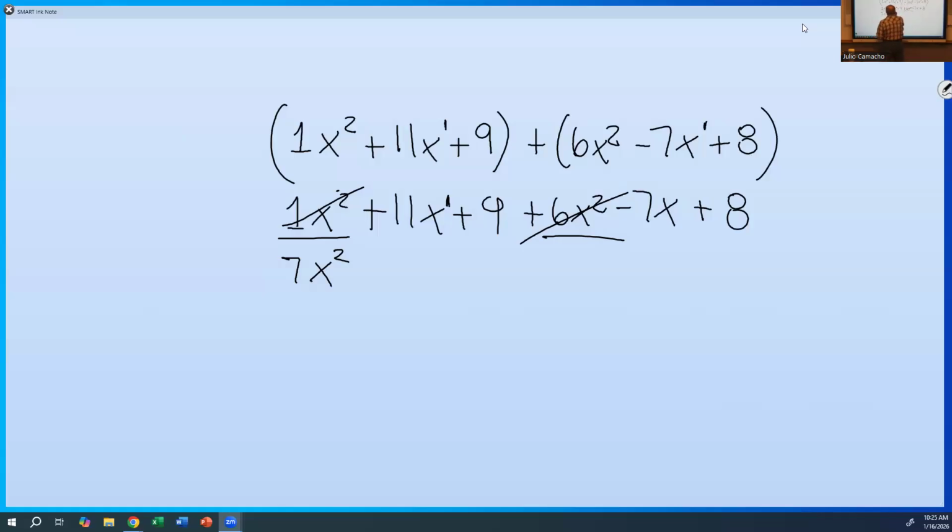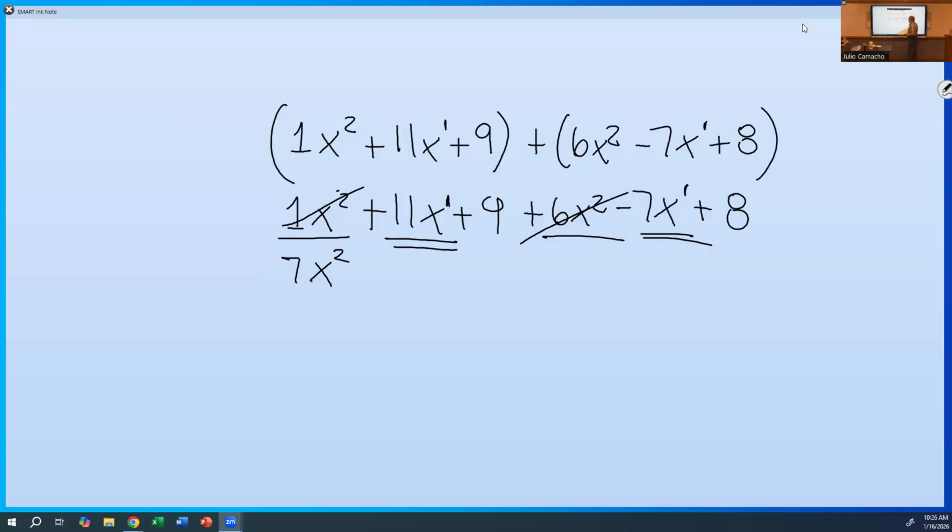Then you have 11x and negative 7x, which are also like terms because both have the same variable and are raised to the same power, the power of 1. Again, that is the default power. There is no written power, so you can say the power is 1. So you have now a positive 11 and a negative 7.